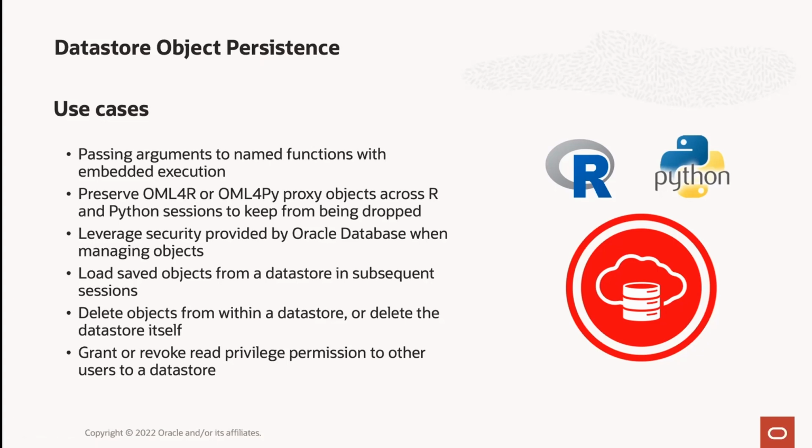Users can leverage the security provided by the Oracle database when managing objects. Users can load saved objects from a datastore in subsequent sessions to be used in local named functions. Users can delete objects from within a datastore or delete the datastore entirely. And users can grant and revoke read privilege permissions to other users to a datastore.